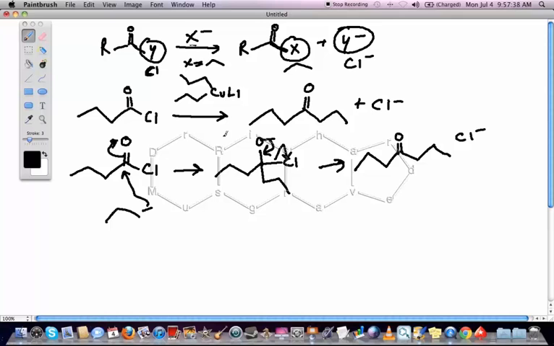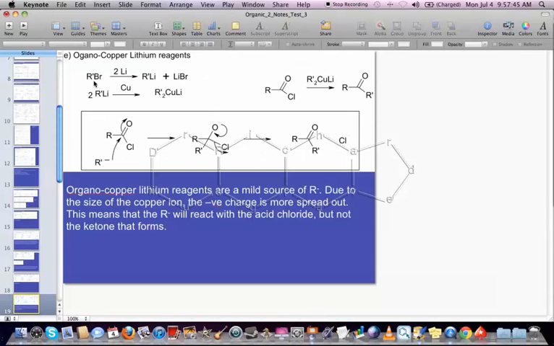But let me say just one other thing about the two equivalents business here. If we go back to the way this is made, I made the comment that we make the alkyl lithium first, then we use two equivalents of the alkyl lithium to produce our organocopper lithium reagent.